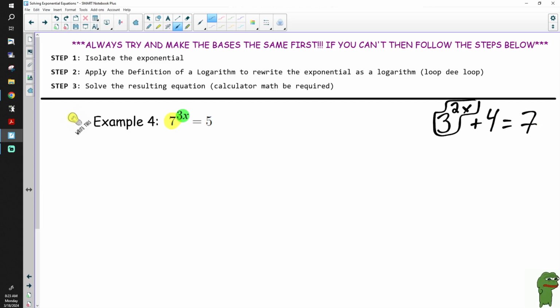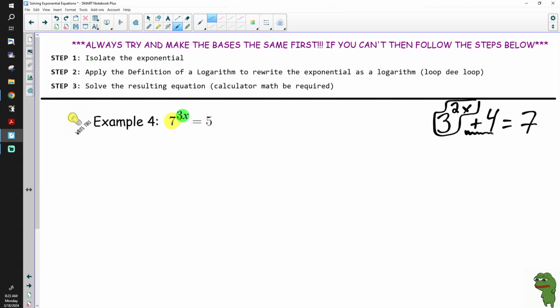Is it all by itself on this side of the equal sign? No, I have a plus 4 also. So if you were in this scenario, your first job would be to get rid of the plus 4. Move it to the other side. Then our exponential would be by itself. In this example, our exponential is already by itself, so I get to go right to step 2.